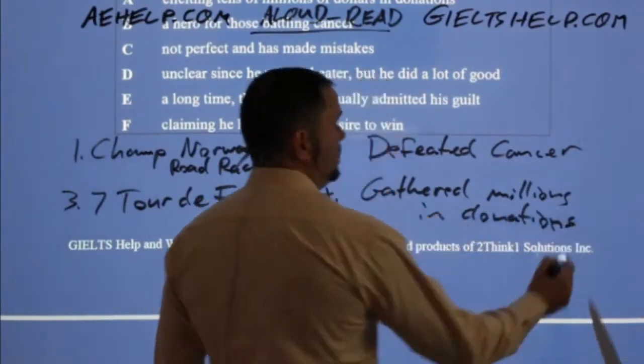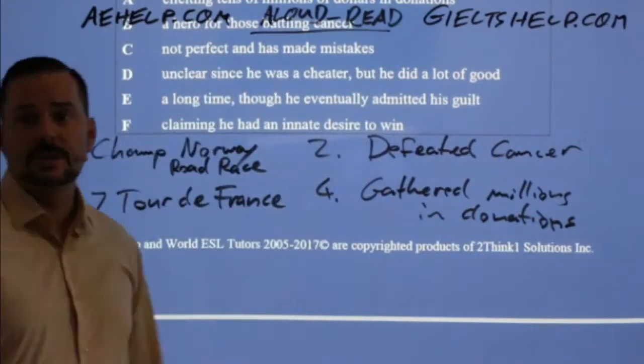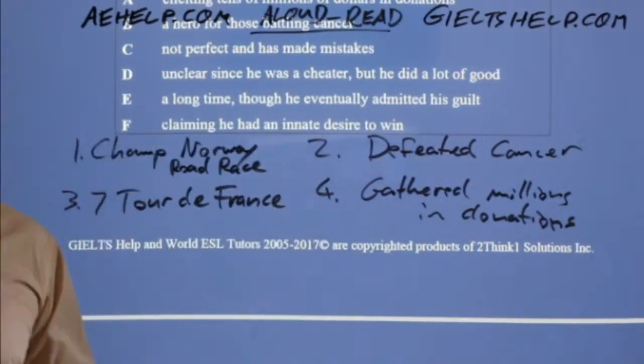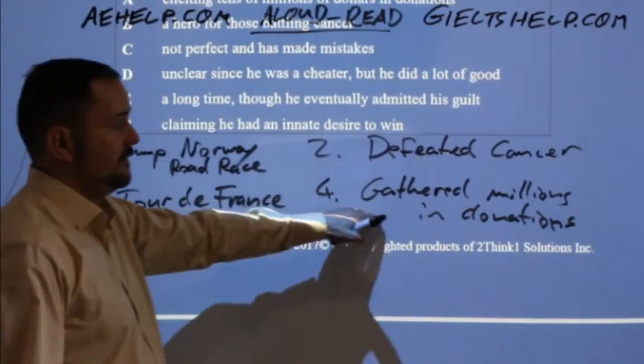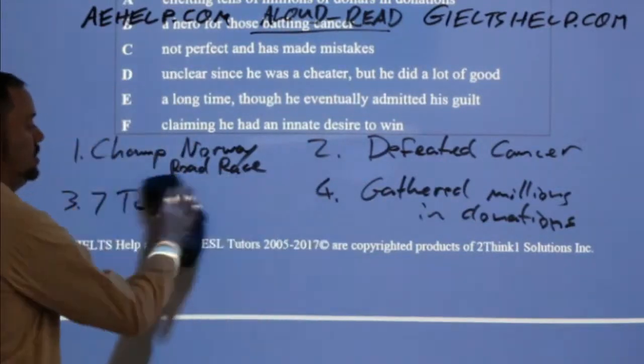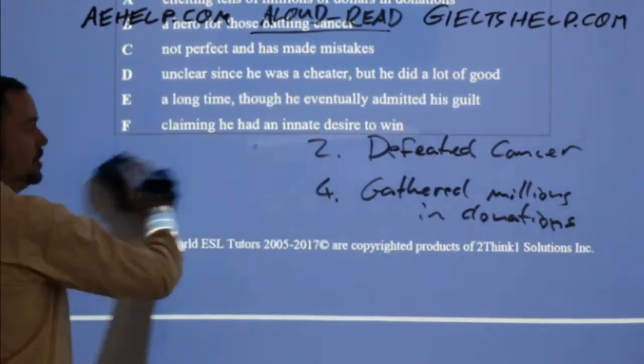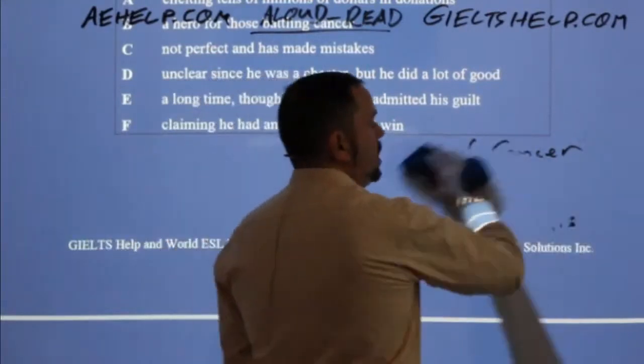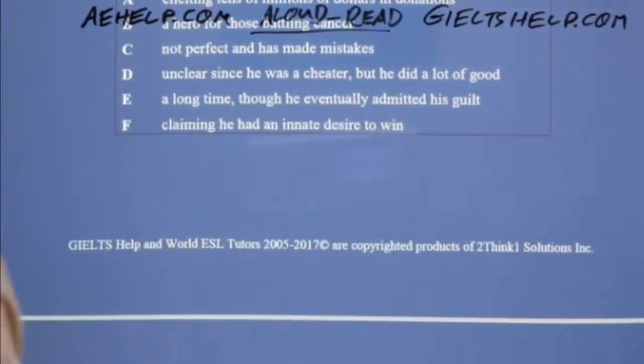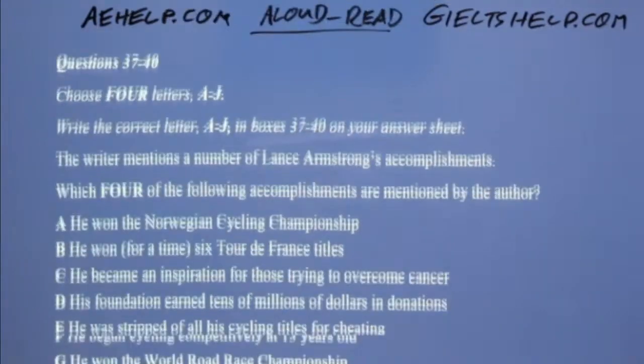Okay, so I think those are some good ideas. Yeah, absolutely. Created the foundation, right, Beck-John? So created a foundation that gathered millions of dollars in donations for cancer research and aid. Okay, good. All right. Let's see if we can find those 4.